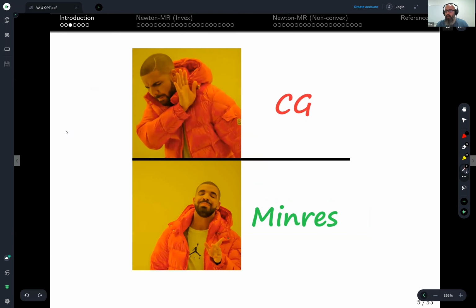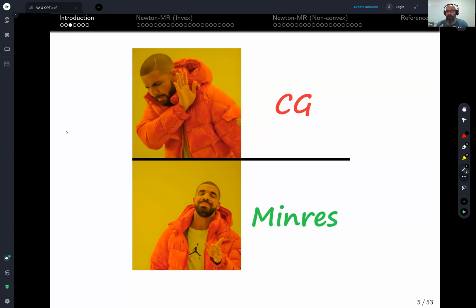My goal in this talk, or this line of research actually, is to promote the alternative, which goes by the name of the minimum residual algorithm, or MINRES. Whenever we come across a subproblem of that kind, we don't have to immediately resort to CG.